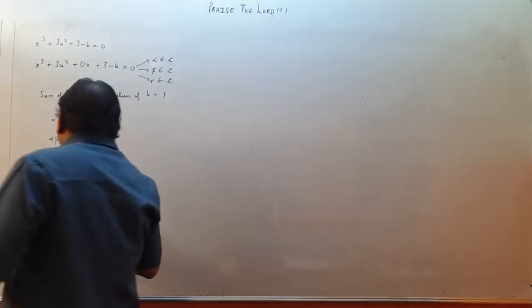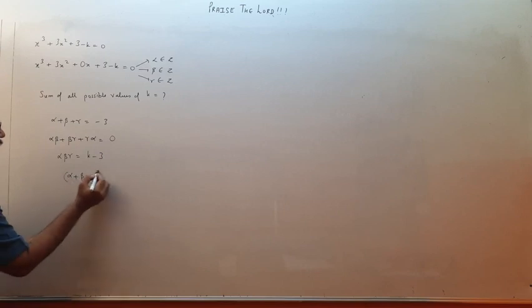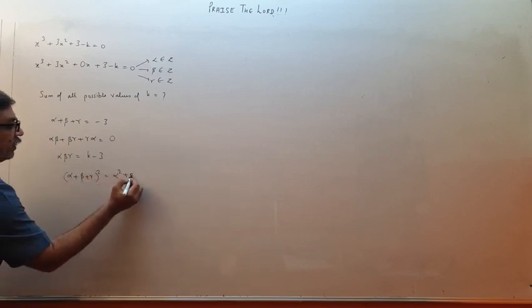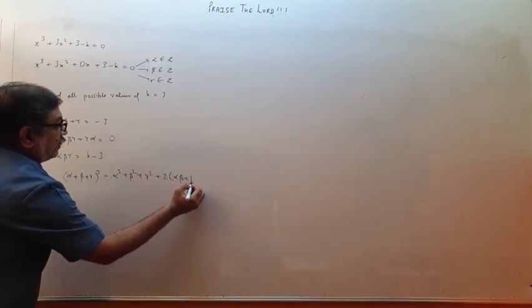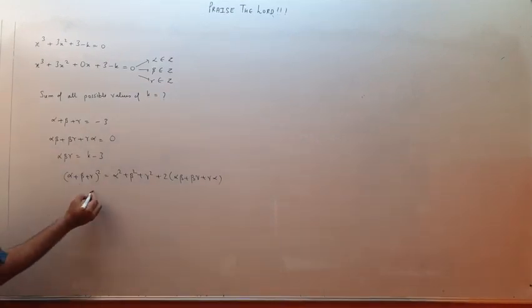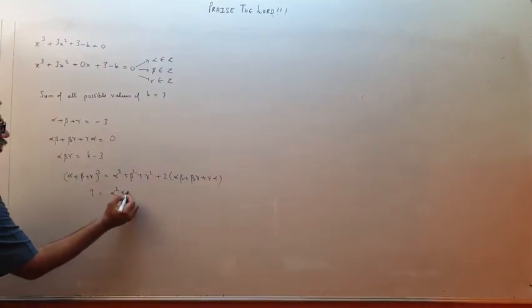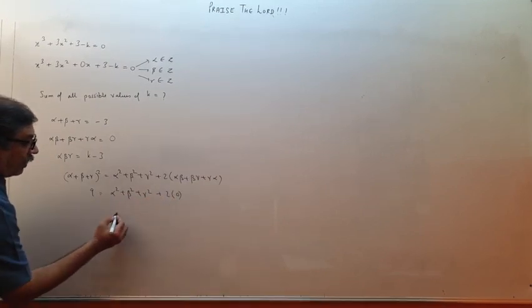Children, we know that alpha plus beta plus gamma whole square is equal to alpha square plus beta square plus gamma square plus 2 into alpha beta plus beta gamma plus gamma alpha. This is 9 is equal to alpha square plus beta square plus gamma square plus 2 into 0.